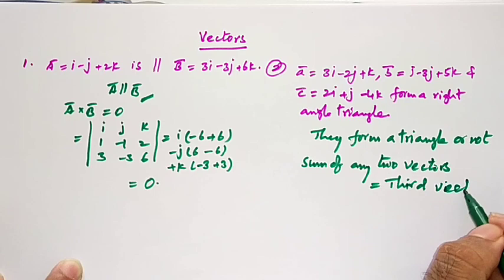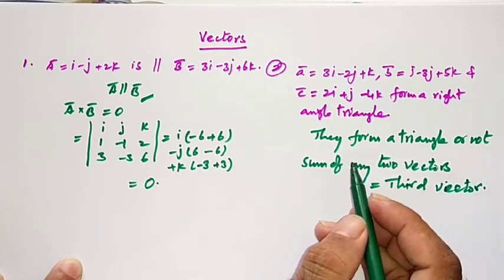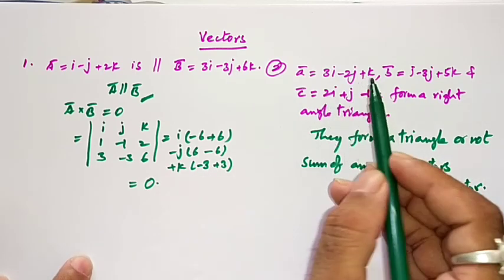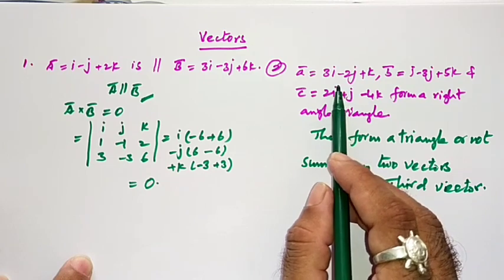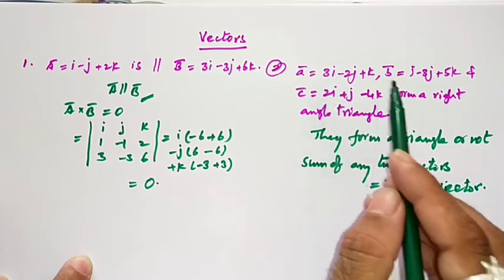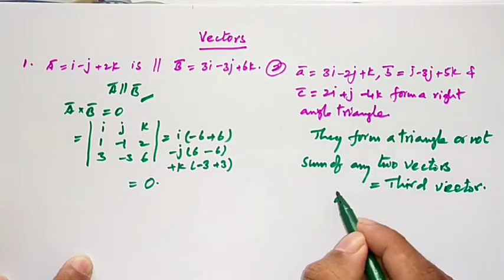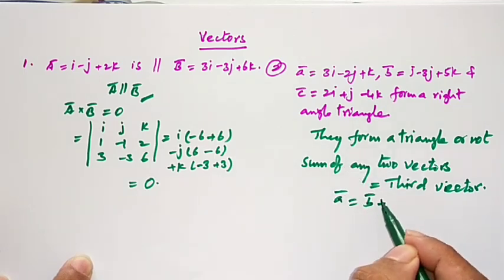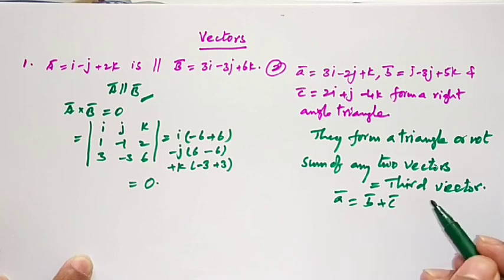Let us take the biggest vector here: 3i, i, 2i. So A is the bigger one. Then A should be equal to B plus C. If this condition is satisfied, then these three vectors form a triangle.